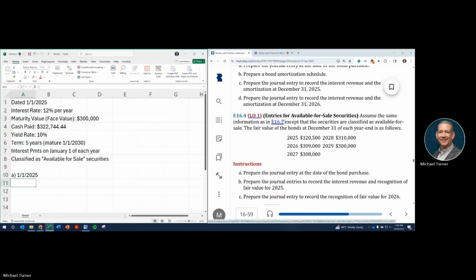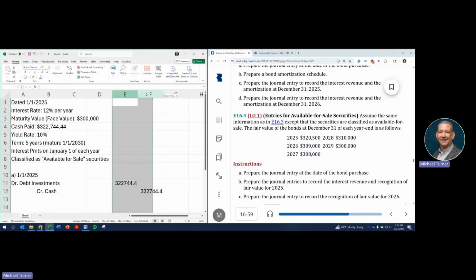All right, so we're acquiring an asset in exchange for cash. So we're going to debit the asset that we're acquiring. In this case, it is an investment in a bond. So we're going to call that debt investments. And we're going to credit cash. And the problem told us that the cash paid was $322,744.44.